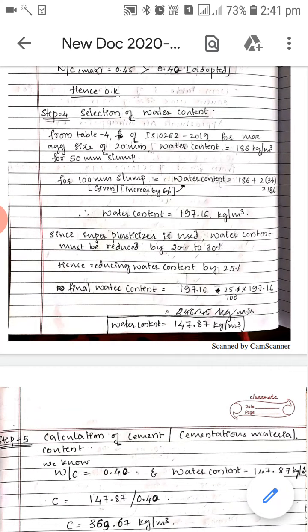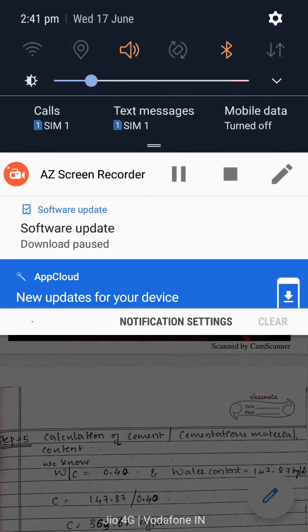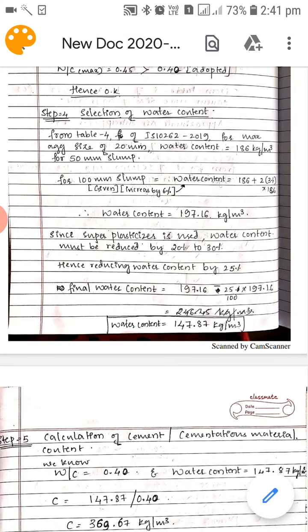As you already know, for every 25 mm increase in slump we have to increase the water content by 3%. The present slump is 100 mm, which means 2 times the 25 mm, right? So we have to increase the water content by 2 times 3%.